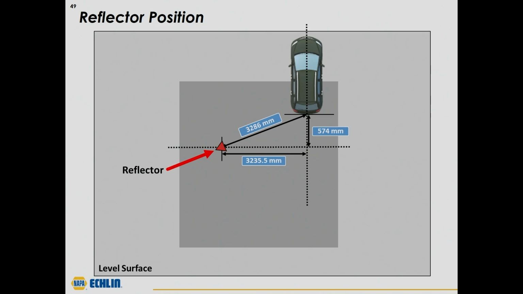Now, I will say too, there's a couple of things to this. If you're using OE methods, there's actually a service bulletin for Toyotas giving you a blind spot calculator, because it may give you only the 3,286 millimeter measurement, and that's a really hard measurement to come up with if you're trying to calculate all of these different measurements.